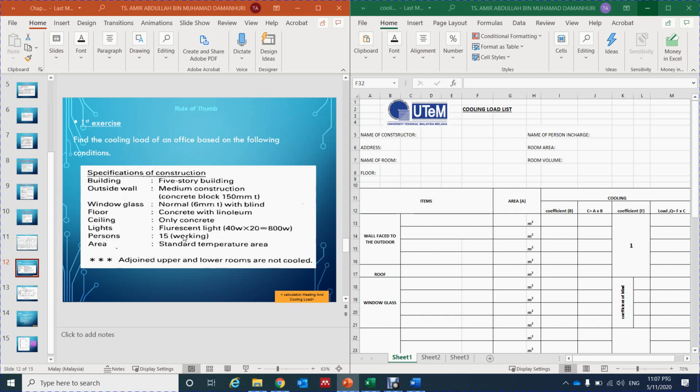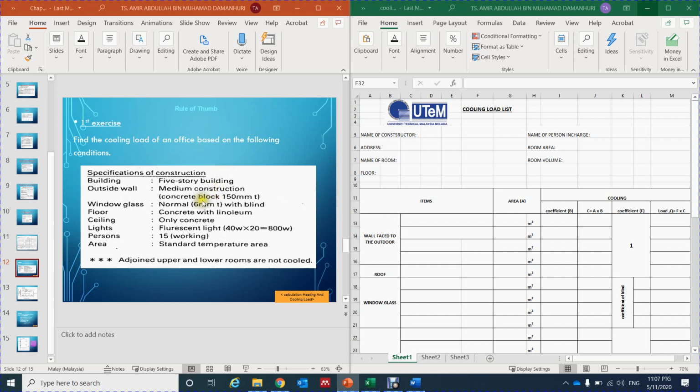In an actual case, the spec will usually be given by the architect, for example, or the consultant. So in this exercise for our building, it is a 5-story building, and the outside wall will be referred to the wall that faces the outdoor.